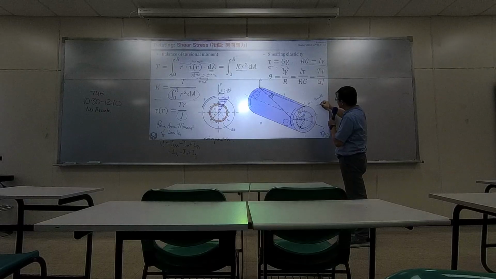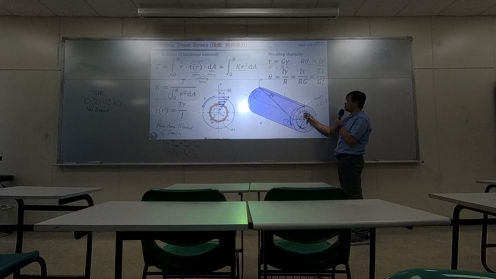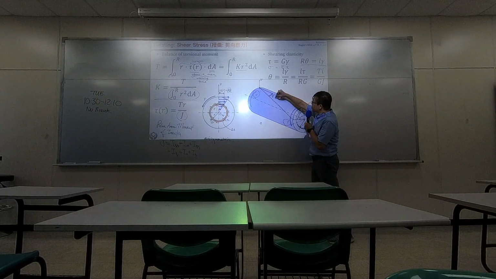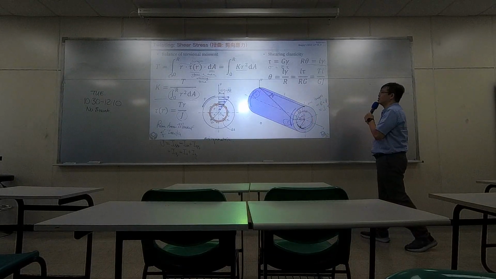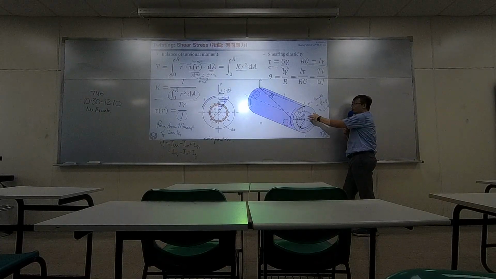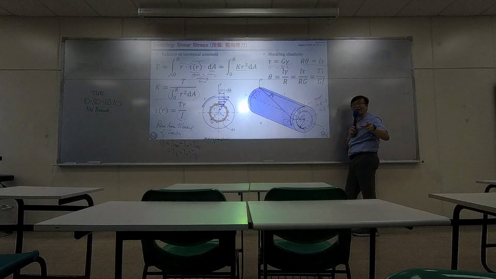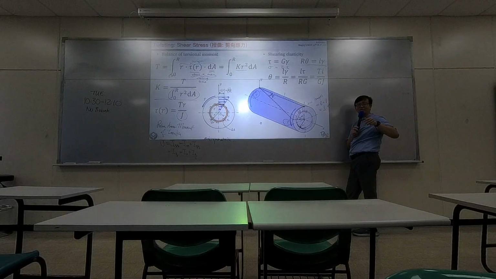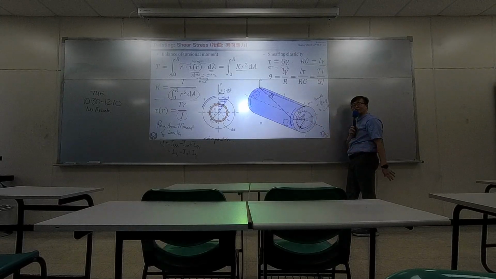So arc length equals radius times theta, right? So over here, r times theta, also equals L times gamma. But this is only valid when the deformation is very small. Usually for metal, when you twist it, you cannot twist too much. So it's actually an exaggeration on the drawing.